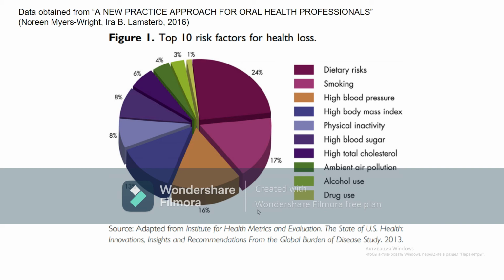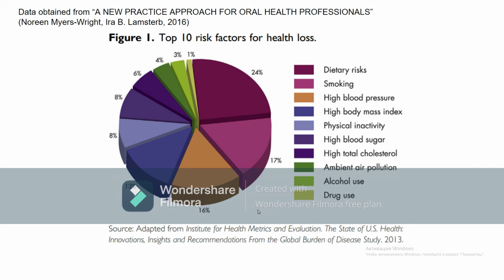By dietary risk, of course, we should have specific knowledge and the will to change our nutrition habits. And by smoking, to quit it actually, or not to start it, because smoking, of course, is a very strong habit, but actually we have the power to stop, to quit it.